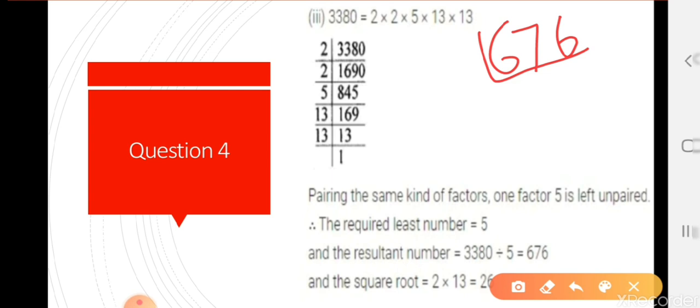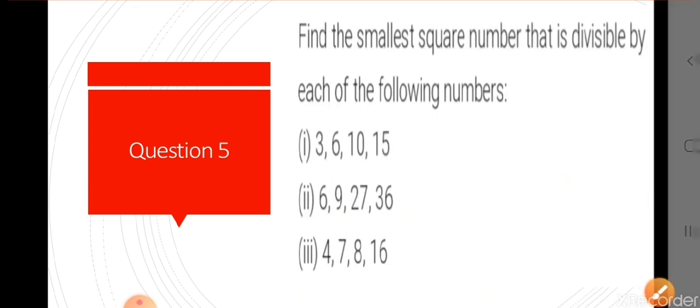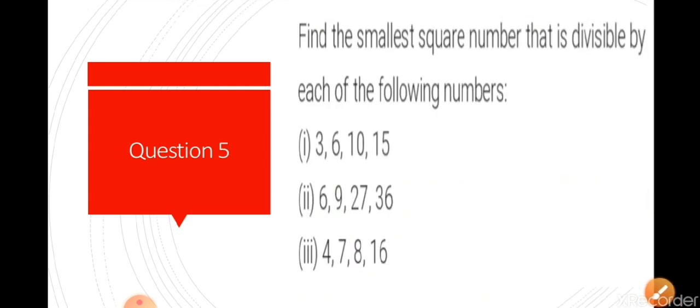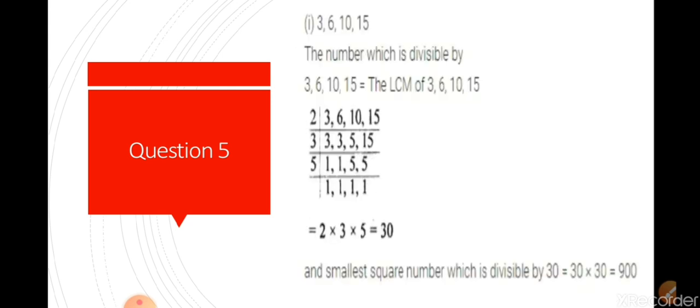Now next question, find the smallest square number that is divisible by each of the following numbers. We have to find that number which is divisible by all these numbers. First question, we will do question number 1.